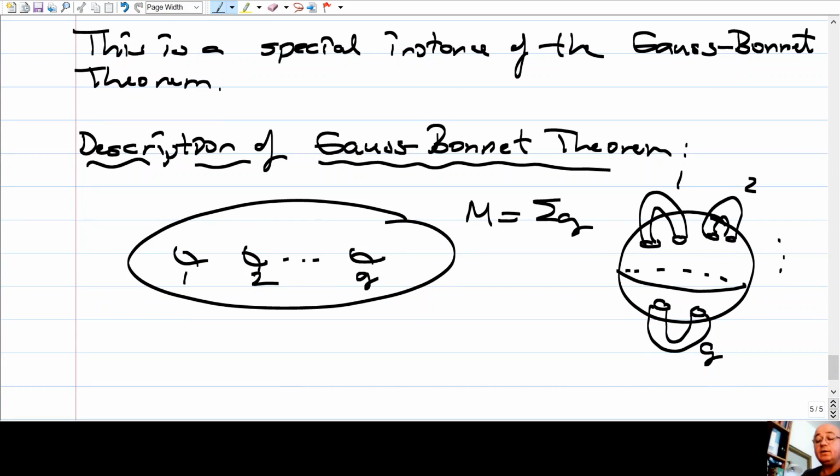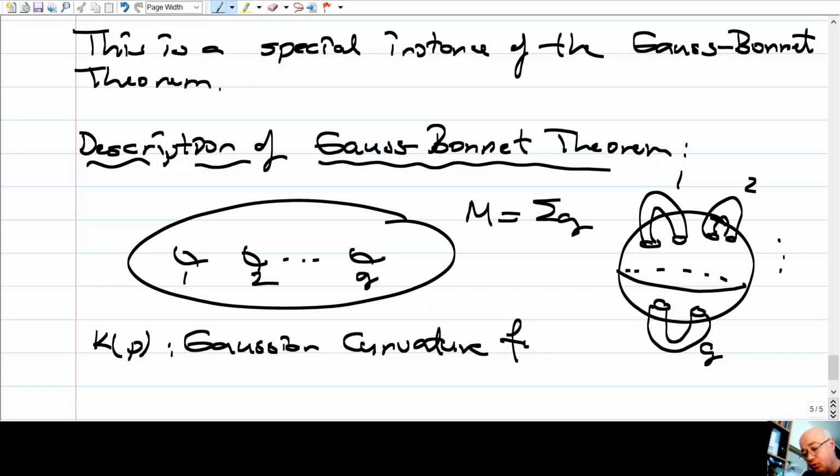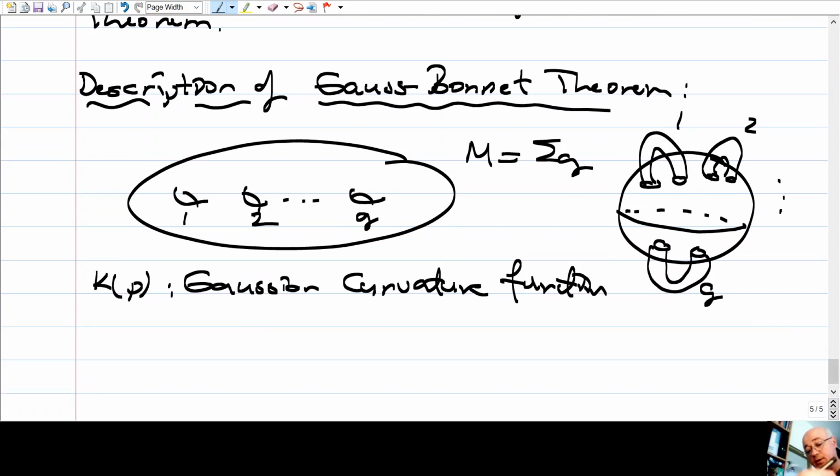Since this is a smooth surface, I can talk about its Gaussian curvature. This will be a function on the surface, and the Gauss-Bonnet theorem is the following statement.